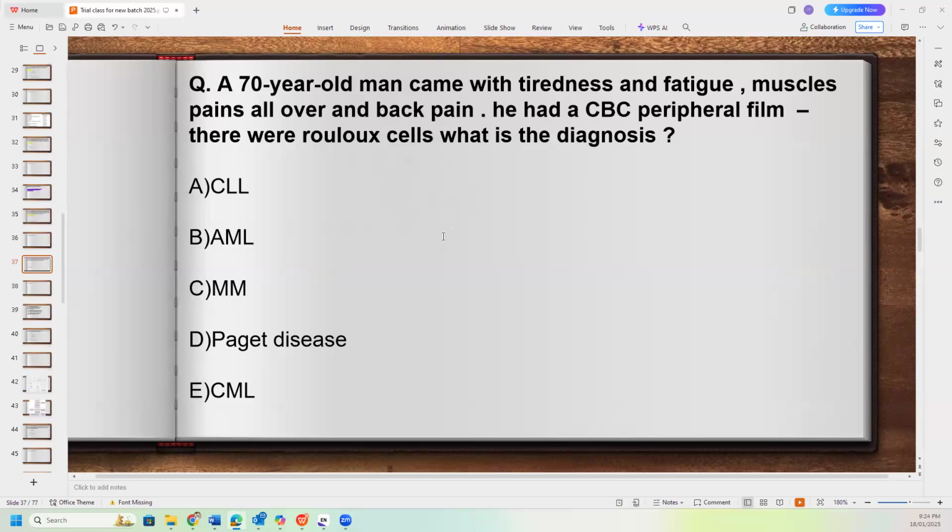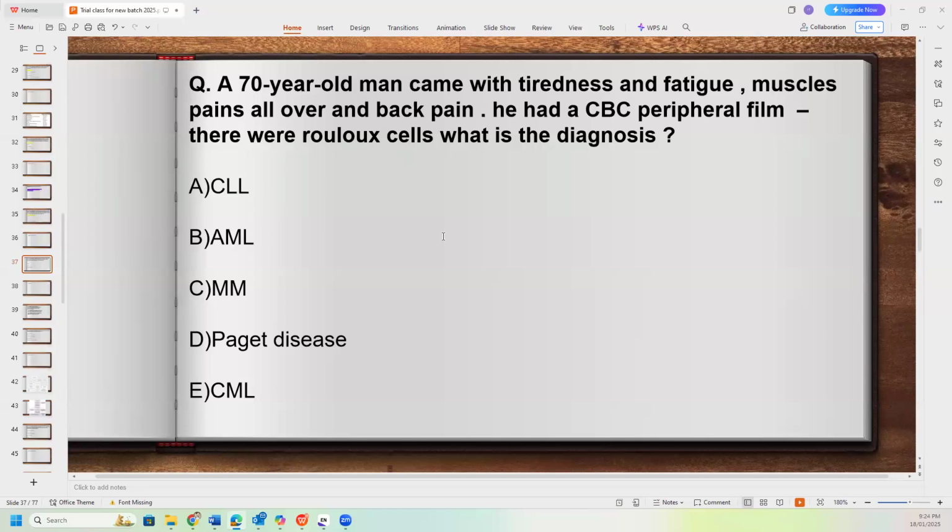So plasma cell cancer is called multiple myeloma. All right. Especially in your hematology questions, they will show you pictures of a peripheral blood film, and it will not be a difficult one. It will be very similar to the ones I have shown you. It's very easy to pick up.